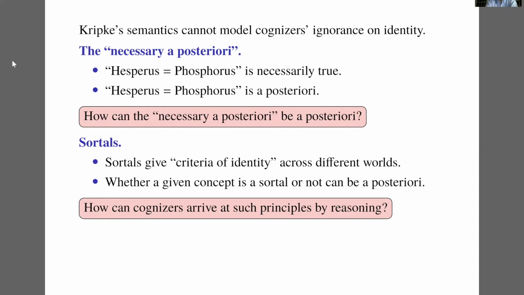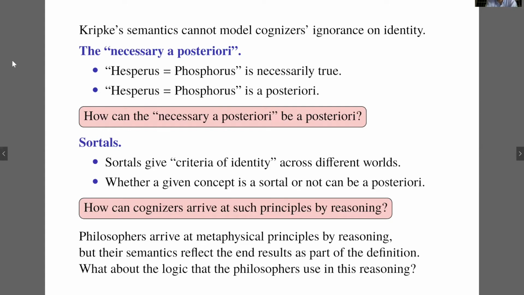The point is even bigger than us philosophers expressing some artificial agents or cognizers, because philosophers ourselves arrive at metaphysical principles by certain reasoning. Philosophers of physics talk about whether elementary particles give a criterion of identity or not, so they use some reasoning.